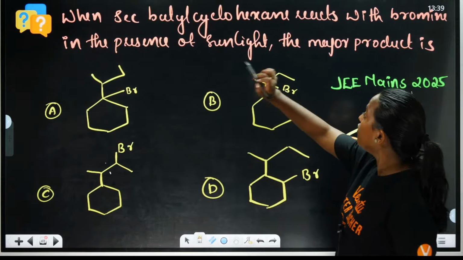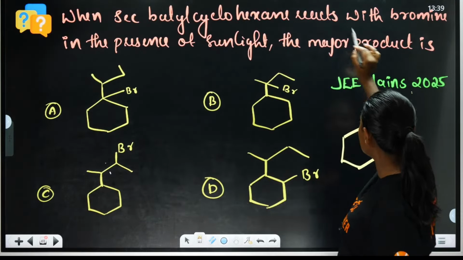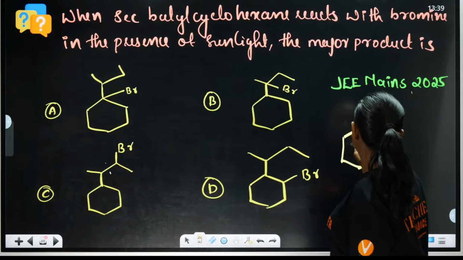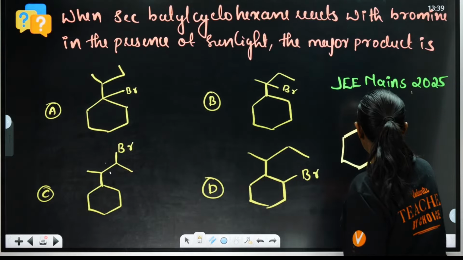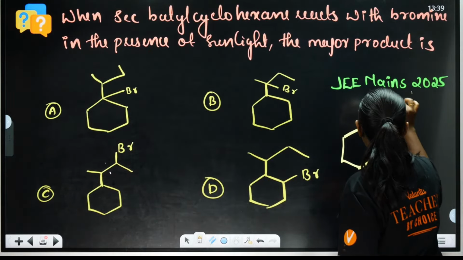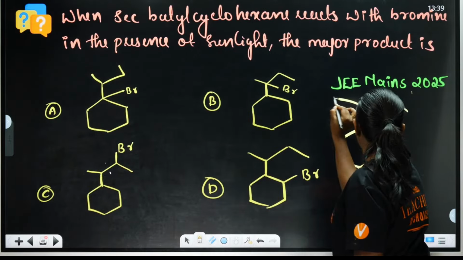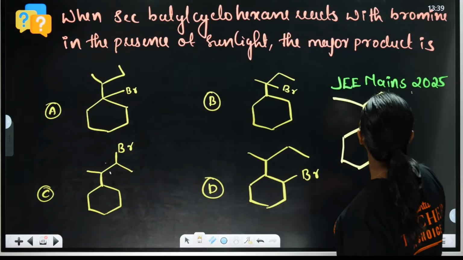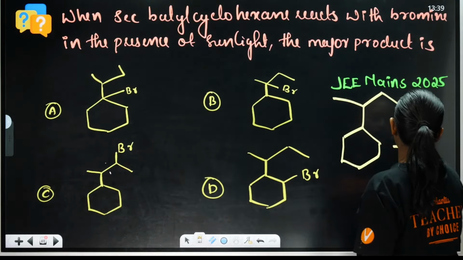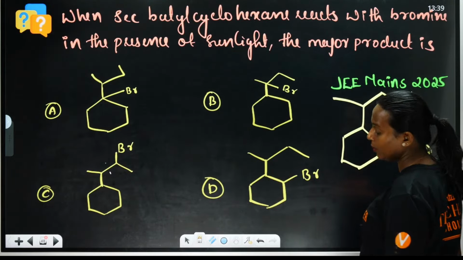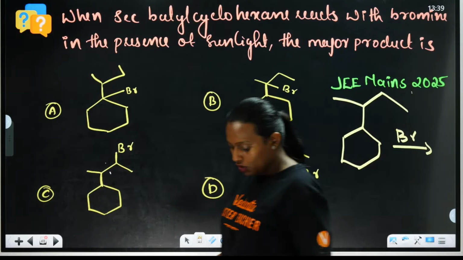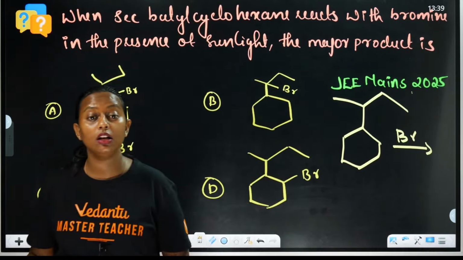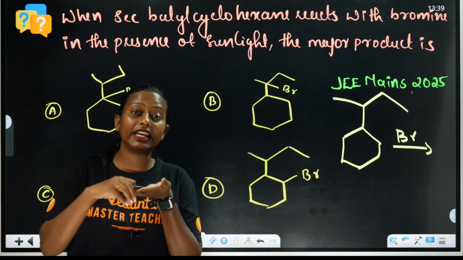Okay. So when sec-butyl cyclohexane reacts with bromine, we know that bromine is highly selective.